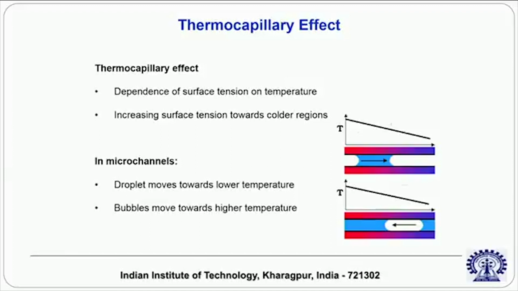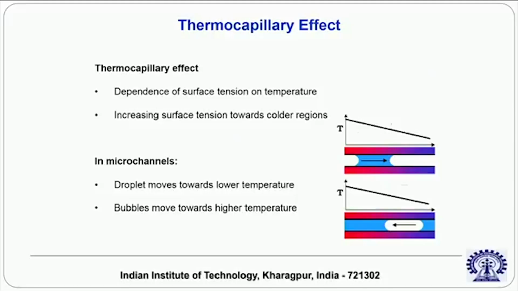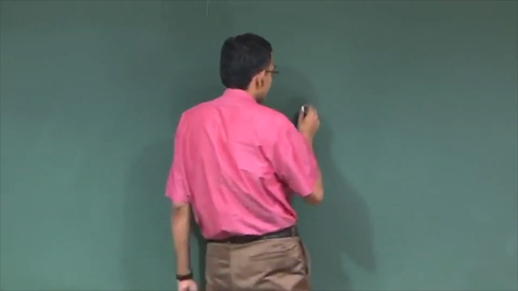In the slide there are a couple of examples. I will go through these examples, but before that I would like to go through a very classical example which is used in manufacturing processes. So let us go to the board and try to explain this.